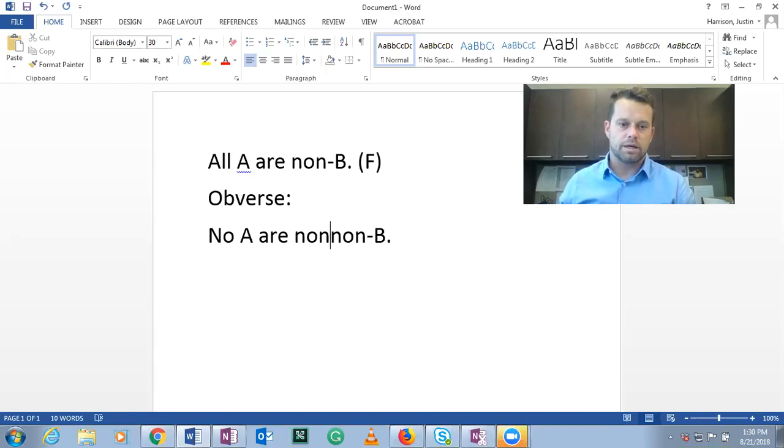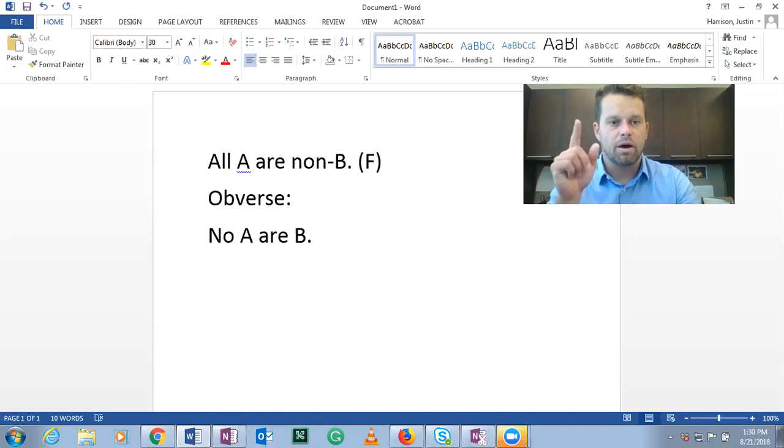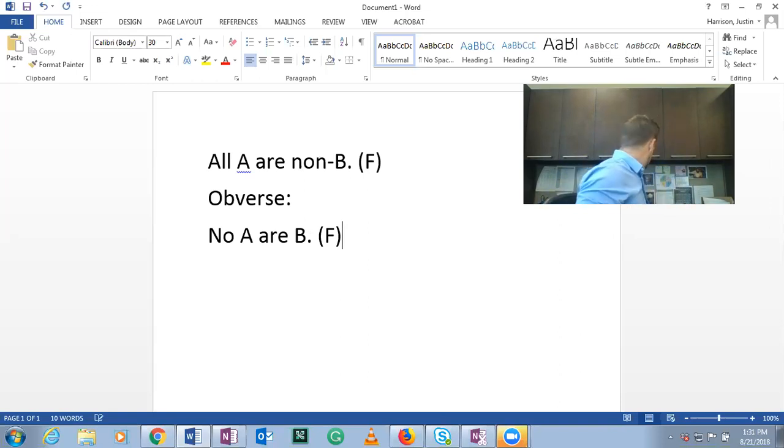And we know logically non-non is the same as the affirmative. So we change non-B to B. So no A are B. All A are non-B. No A are B. And we know because they're logically equivalent that that statement must be false. All right, so just for giggles, let's do a little Venn diagram.